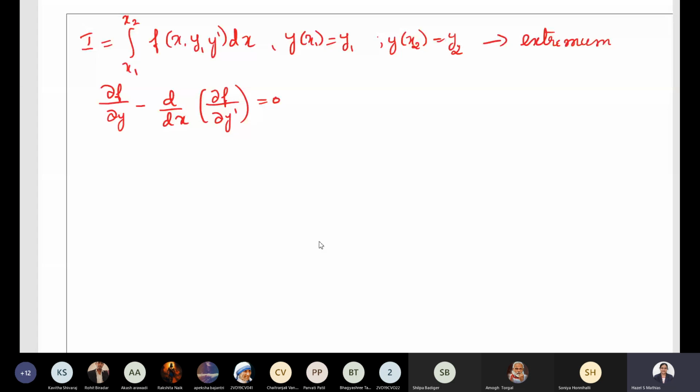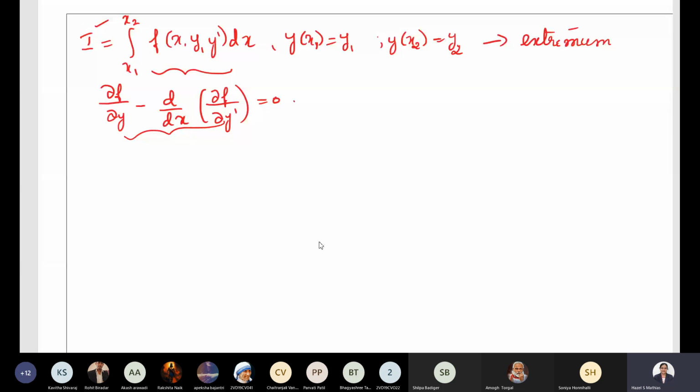It gives us the necessary condition for the integral or the functional. This is the integral, which can also be termed as functional, with the conditions y of x1 equal to y1 and y of x2 equal to y2. With these conditions, suppose this integral achieves the extremum, then it must satisfy this condition.